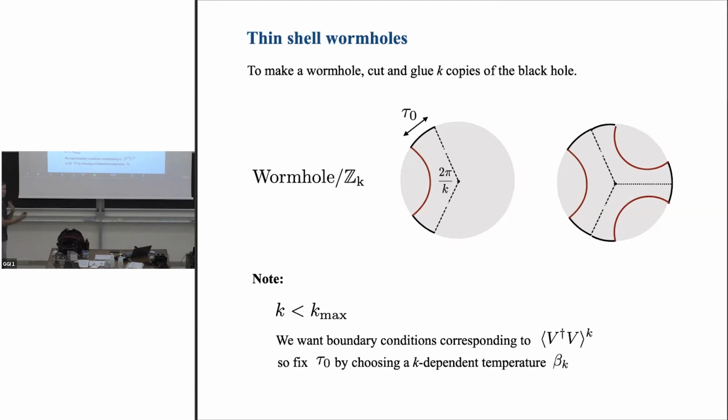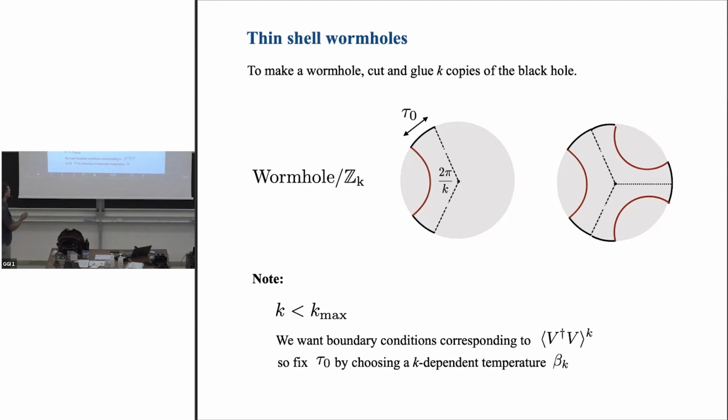So depending on what matter I pick to form this initial black hole, I'll be able to do this wormhole construction, but only up to some maximal value of k. Now, maybe you can go further, but not with a saddle point constructed in this way. Based on what we're going to see in CFT, I think to go further, you would need to be able to go off shell.